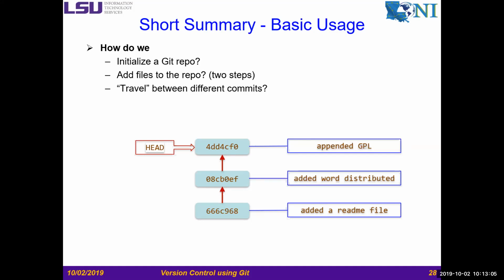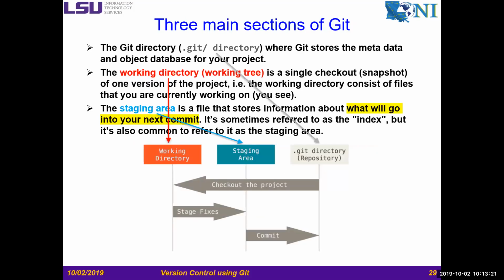Okay. Understanding the staging area. It's good because you are thinking. All right, since he asked this question, that means we have to explain the staging area. We're going to explain the three main sections of Git. We have to explain the .git directory.